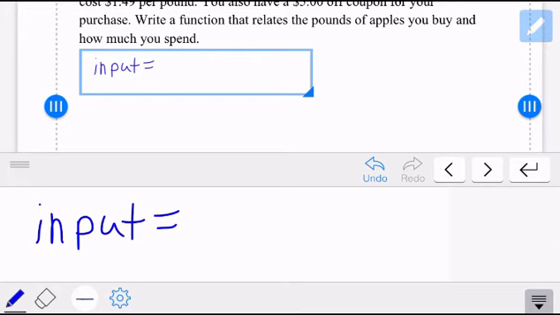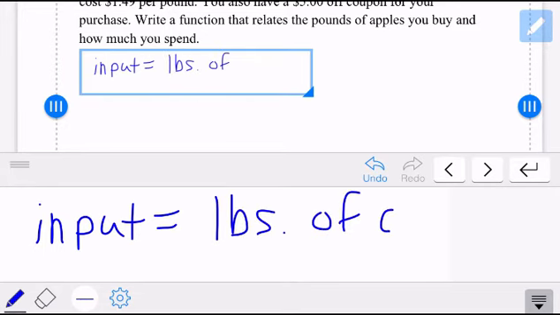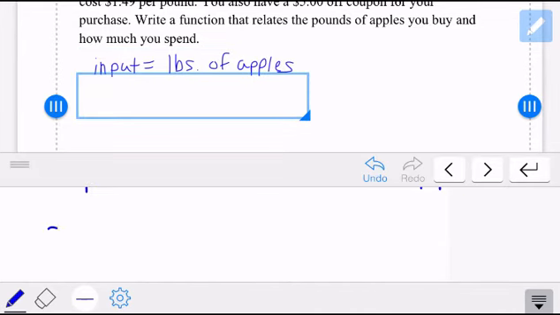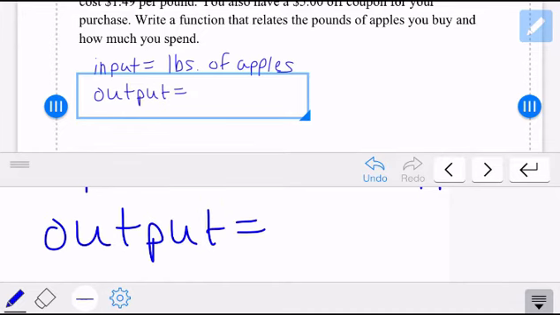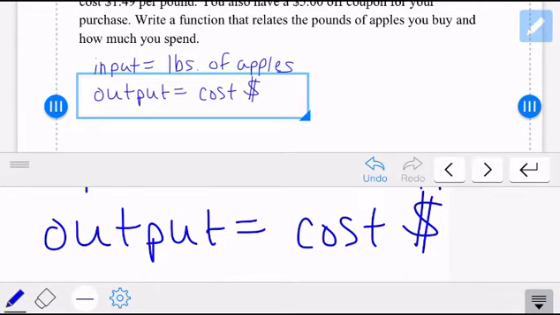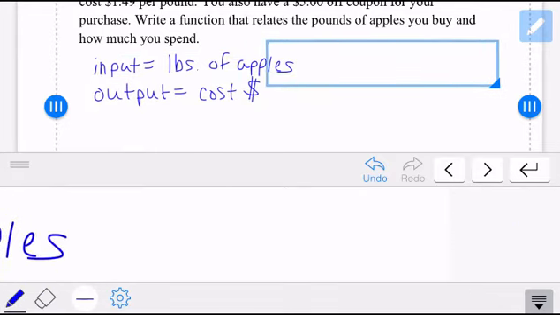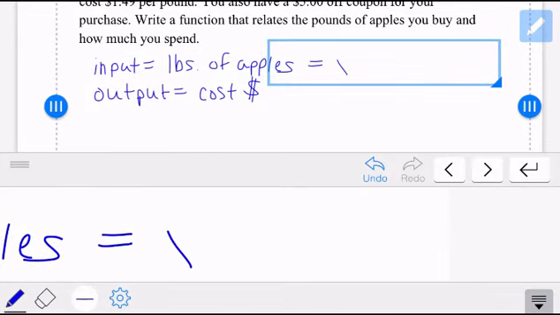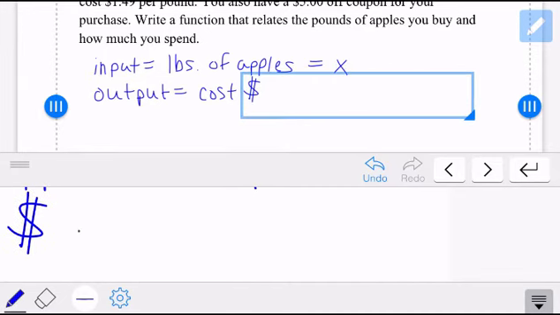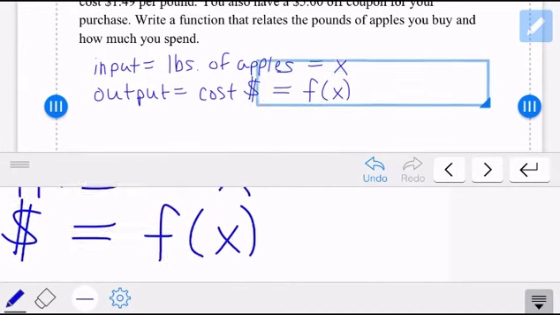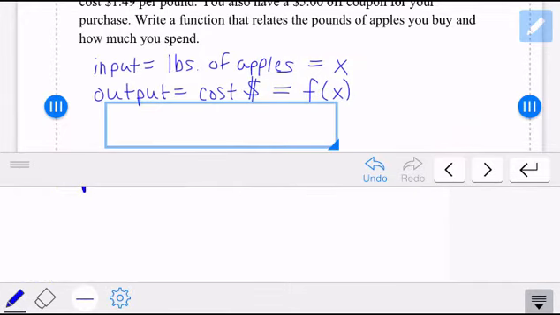That input should be the pounds of apples, and then our output would be our cost. Okay, so we could say x and f of x. You can do really whatever variables you want. You could say a and then c of a.